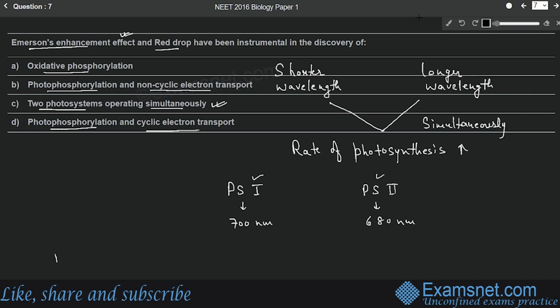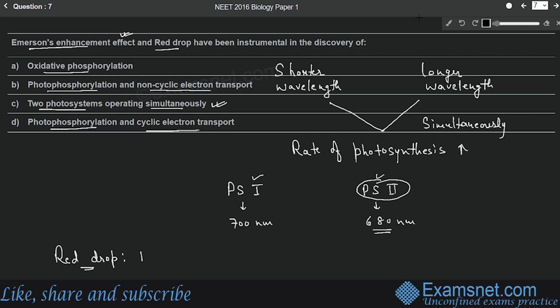And what is red drop? Red drop occurs due to the decreased functioning of PS2 beyond 680 nanometer. Okay, so when the light of wavelength more than 680 nanometer was used, then there was decrease in the functioning of PS2. So let's write it down here.